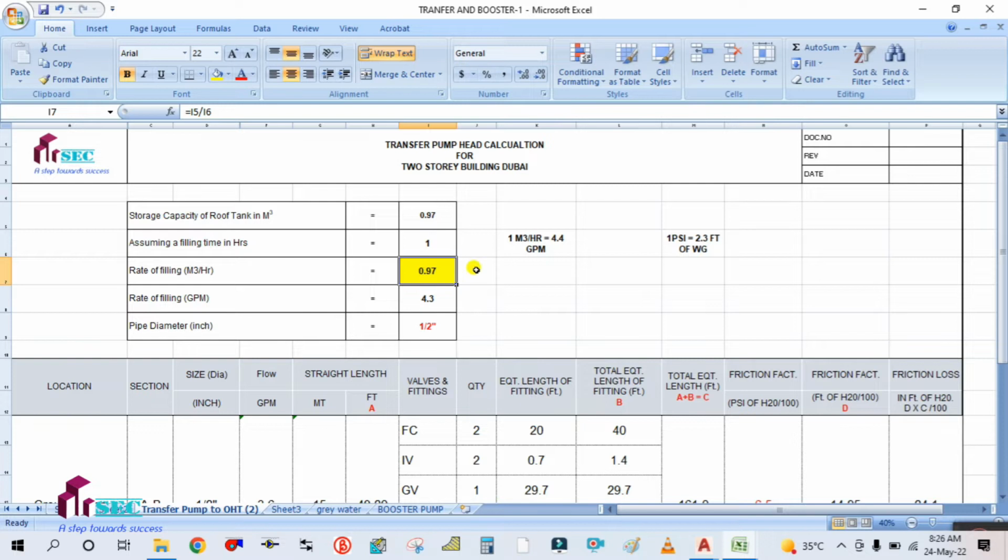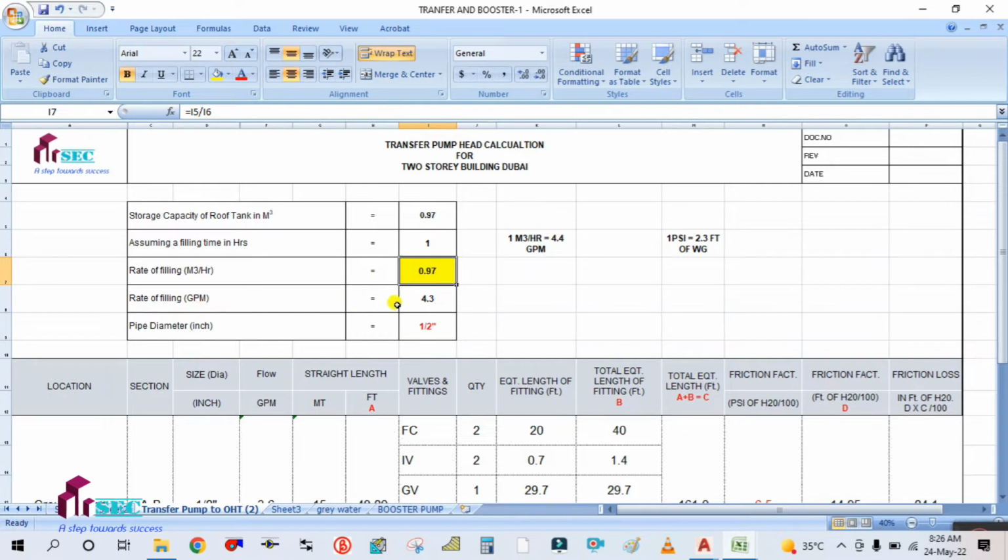More time, it will take more time. I am just assuming 1 hour. It will depend, 1 to 2 hours we are assuming as per the tank size. This is already based on formula, so it is already fixed. That means 0.97 divided by 1, I am getting 0.97 cubic meter per hour.